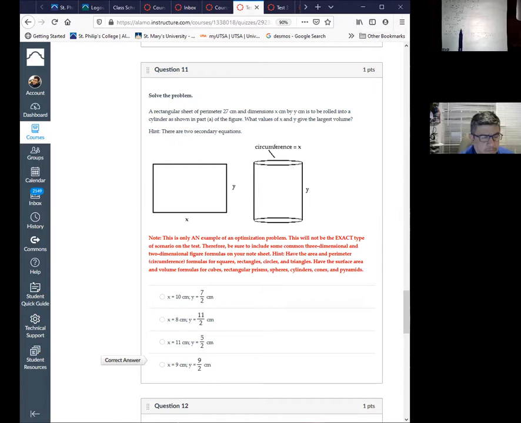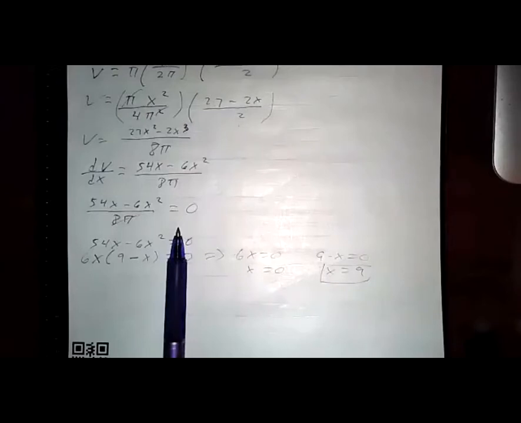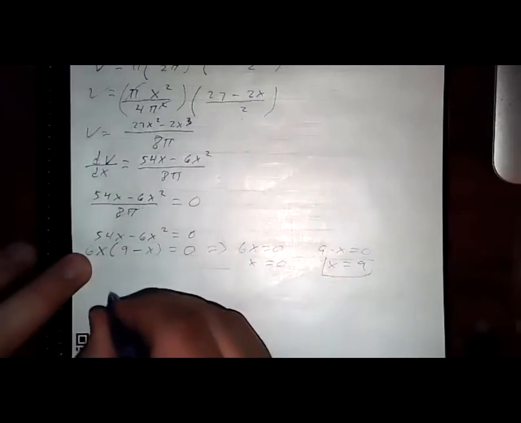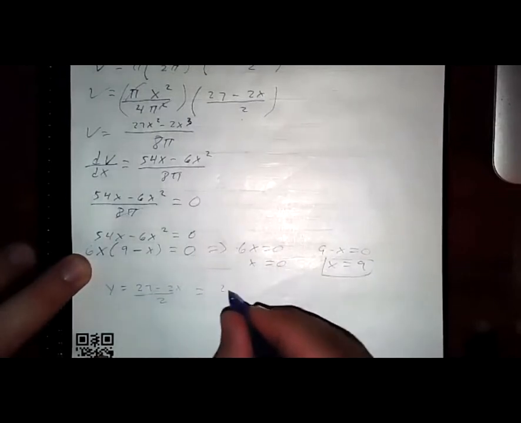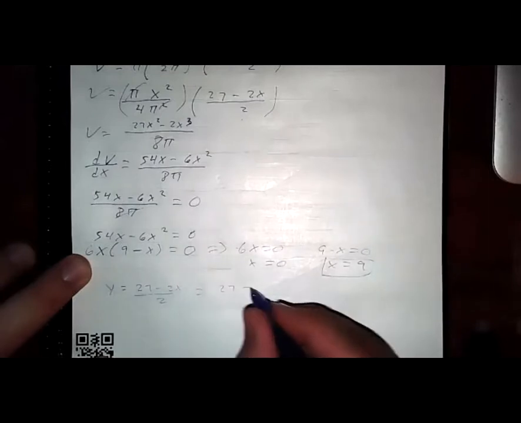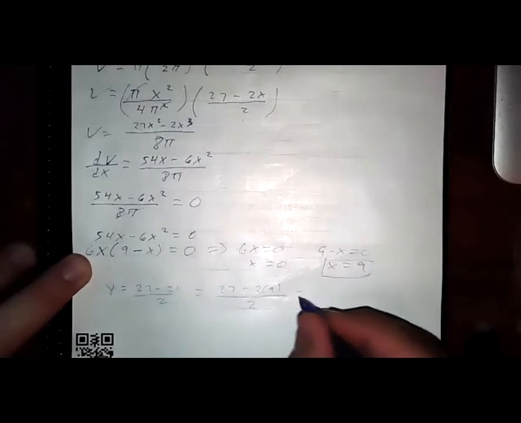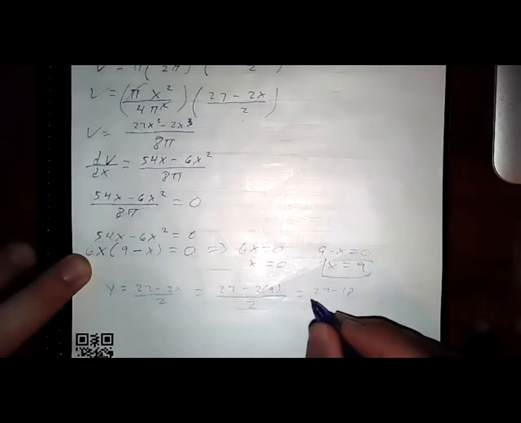Okay, so remember that y is equal to (27 minus 2x) over 2. So plug in the 9. So that would be 27. What's 2 times 9? Is that 18? 27 minus 18.